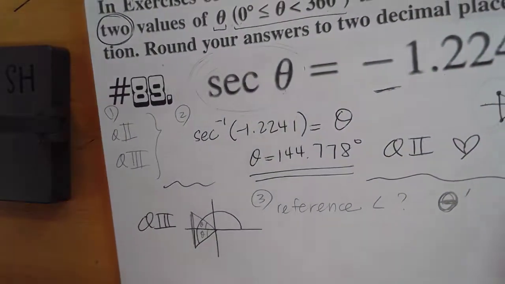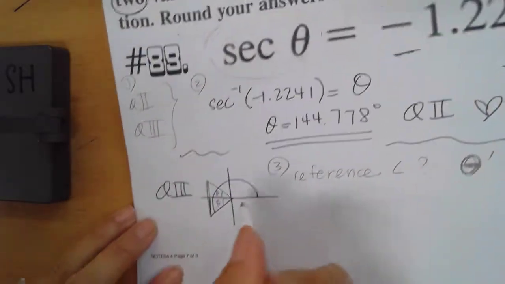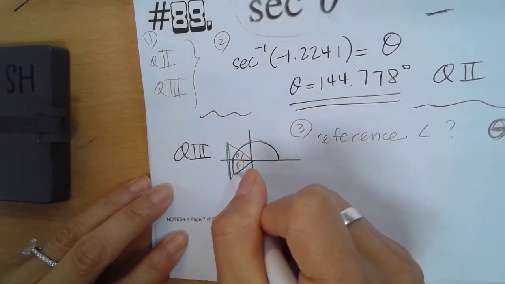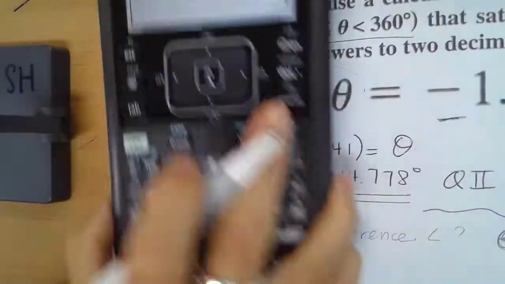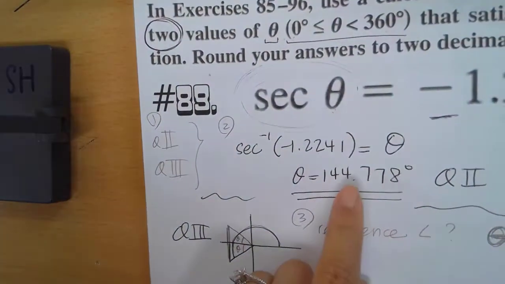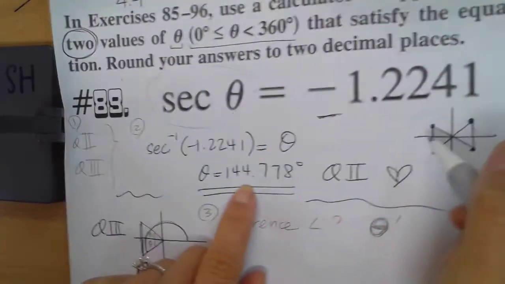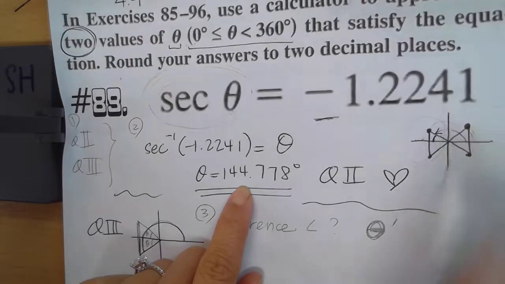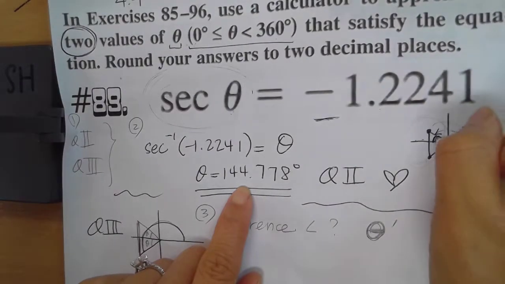It's 180 plus the reference angle amount. So how do we do that? Isn't it really 180 degrees minus this part here? Because that's how we get to this reference angle.